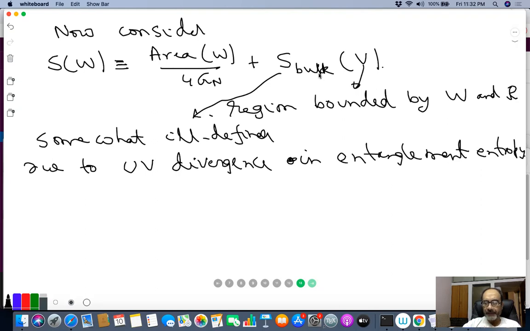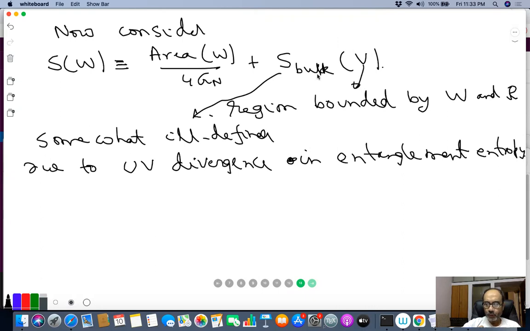Because, as we discussed, in quantum gravity we don't expect any local observer, and this quantity is certainly something that is local in the bulk. It's not something that is computed from the asymptotic region.